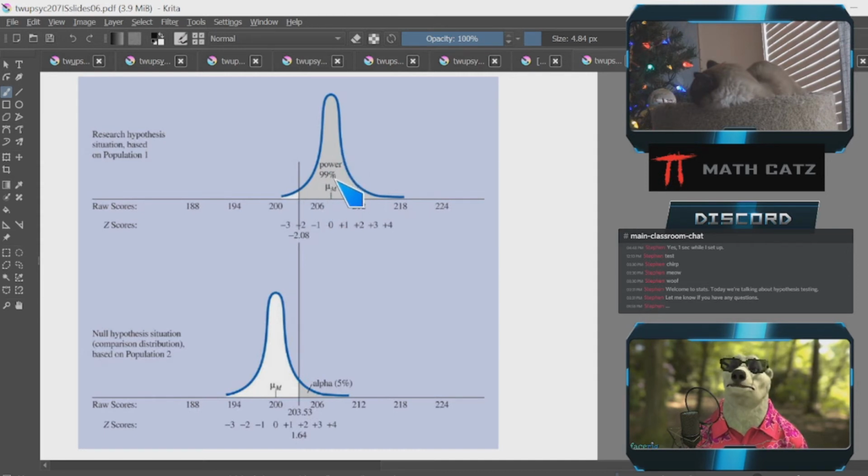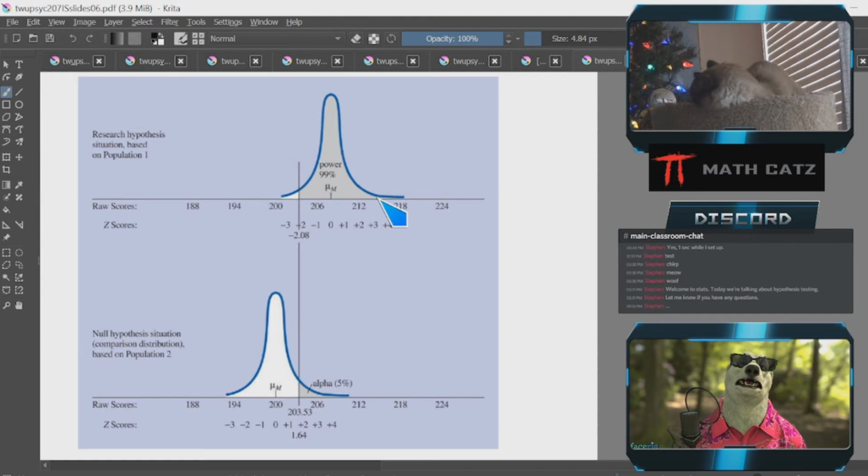The power is much bigger because it drops down so fast. There isn't much to catch it on the left to qualify as a type 2 error occurring. My chances of a type 2 error are much less because I'm much more likely to get that raw score or beyond. So with a smaller variance, which can be achieved with a larger sample size, I am able to increase power and therefore decrease the probability of a type 2 error.